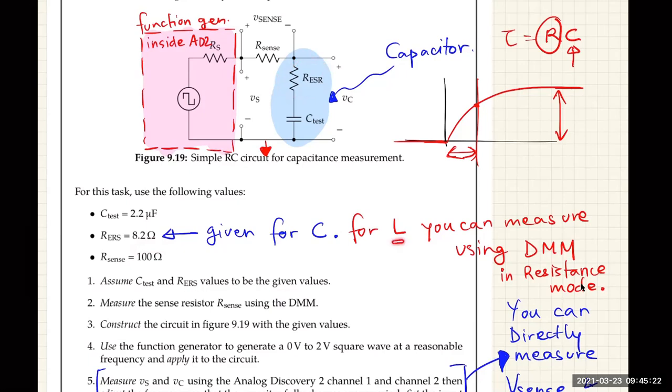For an inductor, however, you can measure the ESR value by simply measuring the resistance of the inductor, okay, using a DMM. You cannot do the same thing for a capacitor's ESR value.